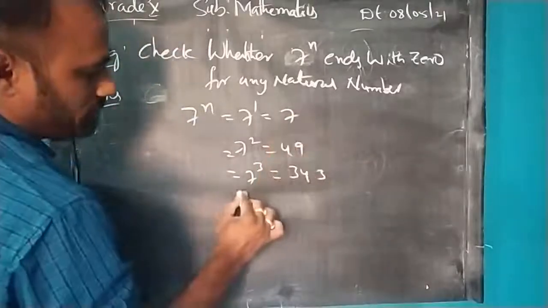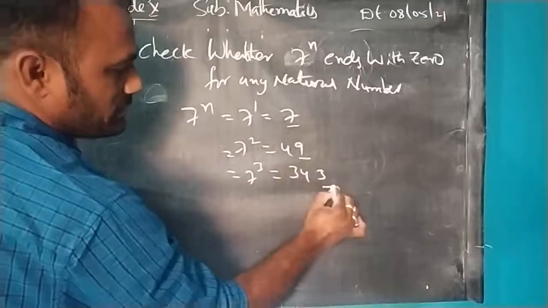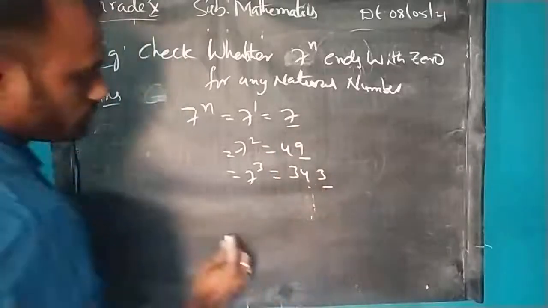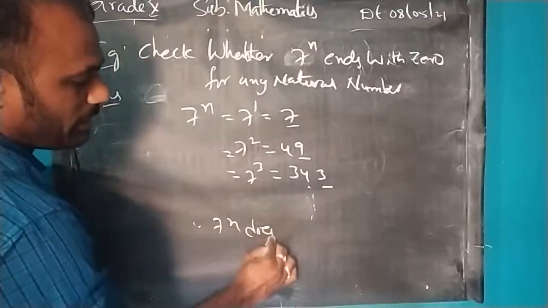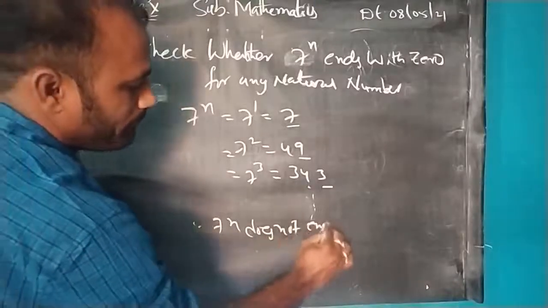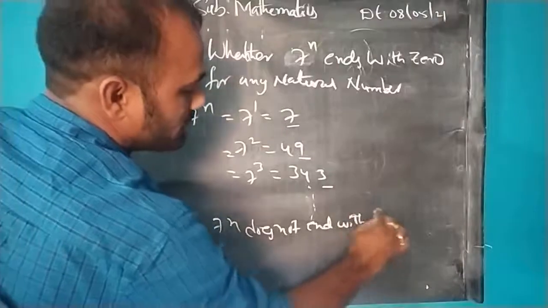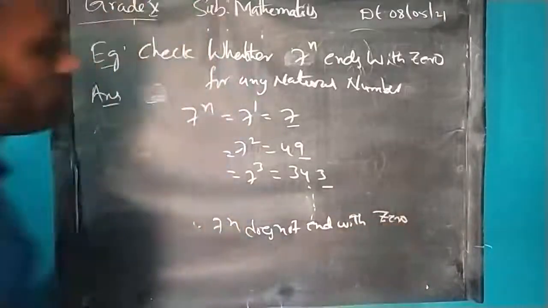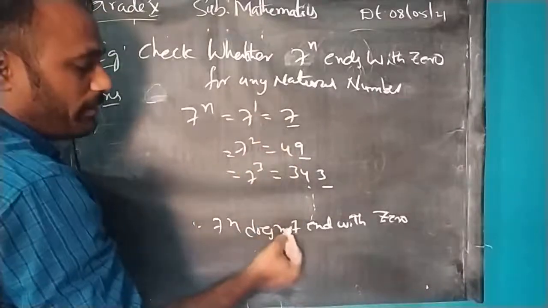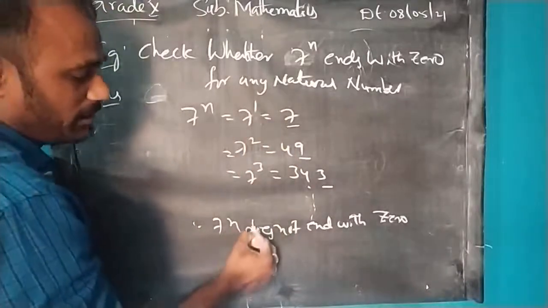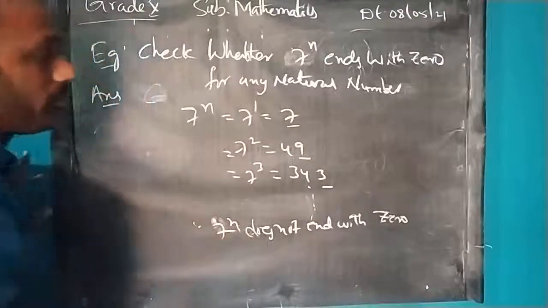If you keep on observing the unit digit places, it will never end with 0, and so on. Therefore, 7 power n does not end with 0. We have to mention at least three numbers, and lastly we can write that 7 power n does not end with 0.